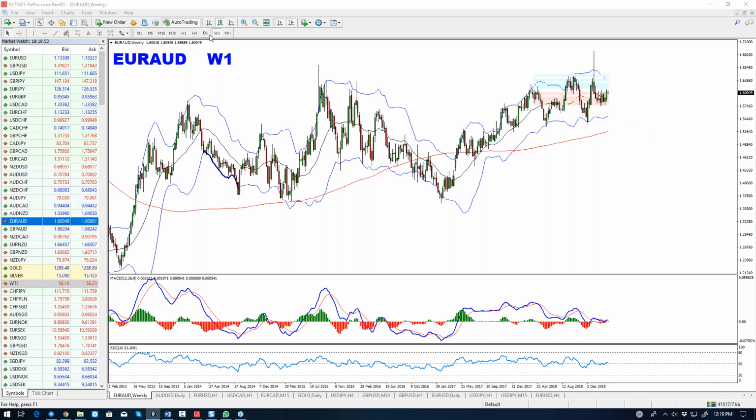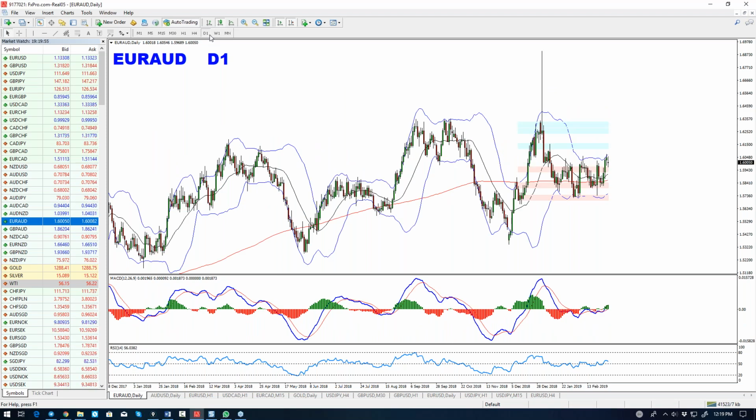Now, since this is the weekly cycle, the daily should fit in, correct? The daily, due to this spike that happened at the very beginning of this year, starting from the end of the previous year, after the crazy clearance the Australian and the yen pairs had, basically ruins the count for clear cycles.